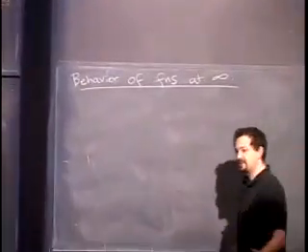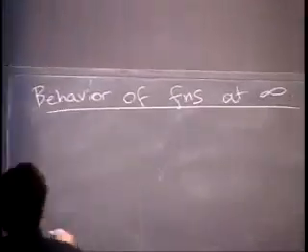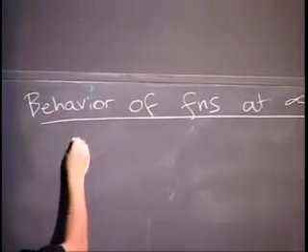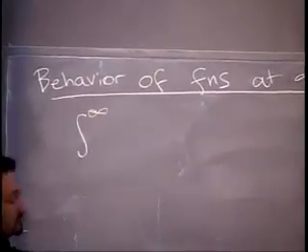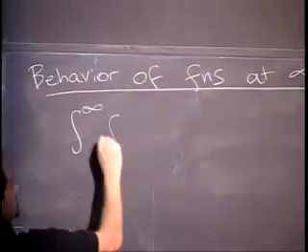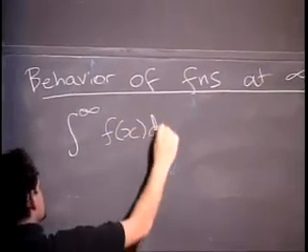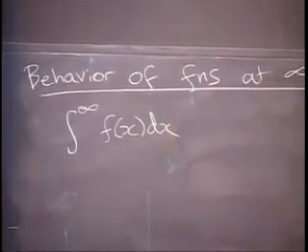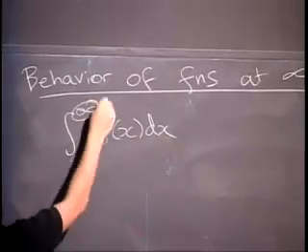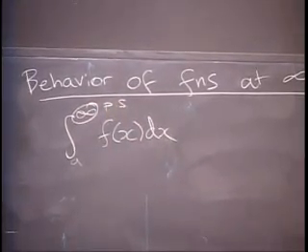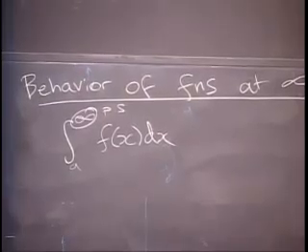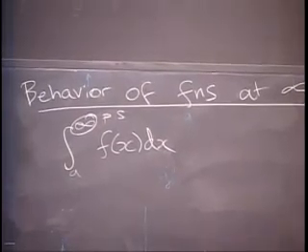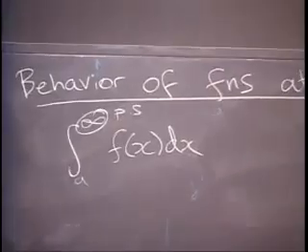So here's the scenario. Most of the time when I say behavior of functions at infinity, I'm thinking that I'm going to analyze integrals that look like this, with a few exceptions, where this is the problem spot. So bear with me as I do this. Later, I'm going to do problem spots at 0, and then after that, problem spots at some other point.